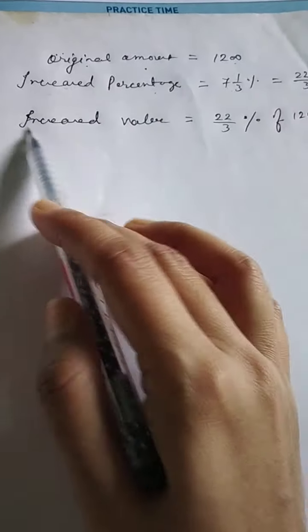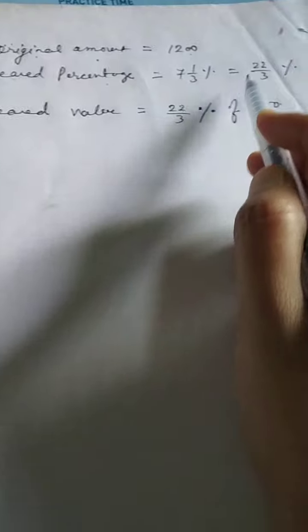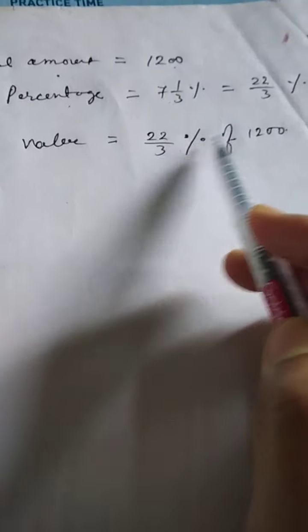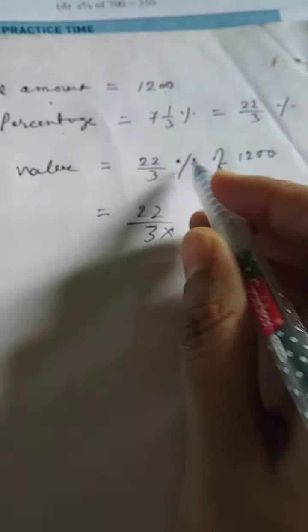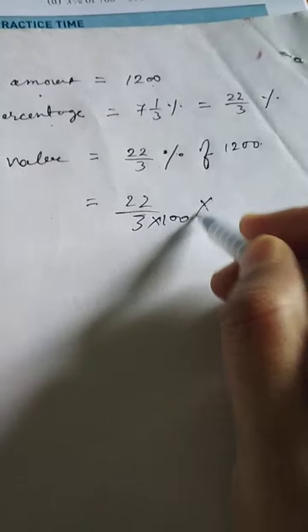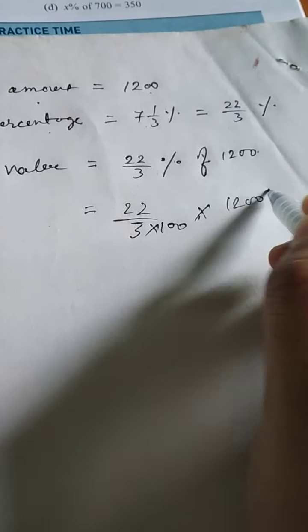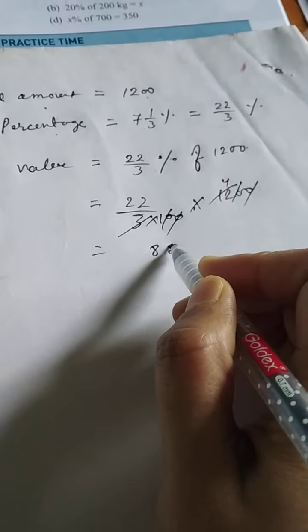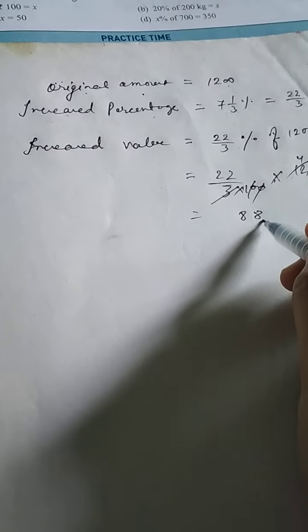So first find the increased value. The increased value will be 22/3 percent of 1200. Just calculate it: 22/3 and percent means 100, of means multiply by 1200. Cancelling, 3 fours are 12, 4 twos are 8, we get 88 as the increased value.